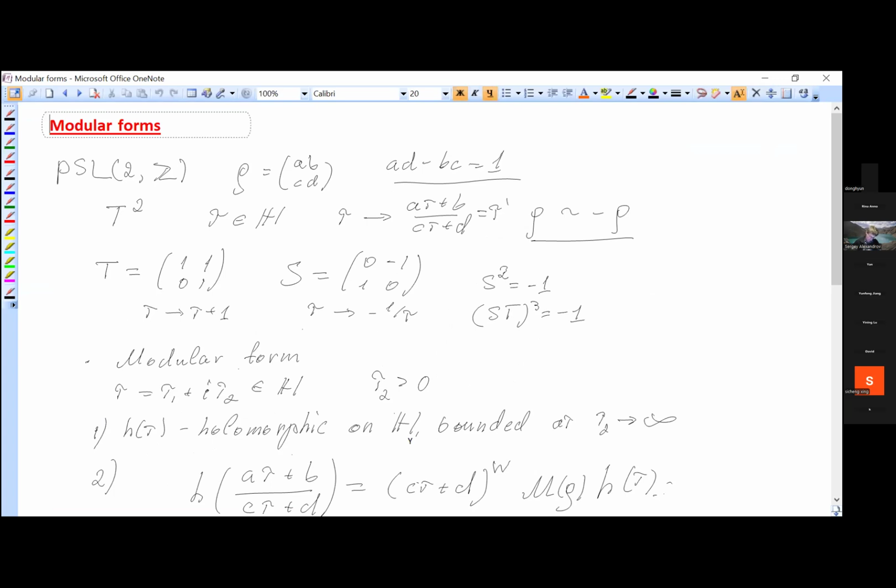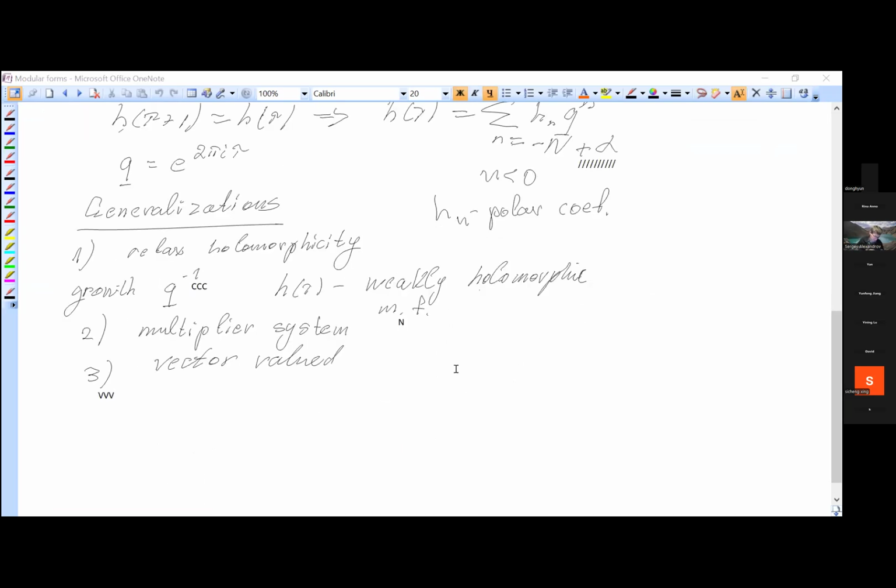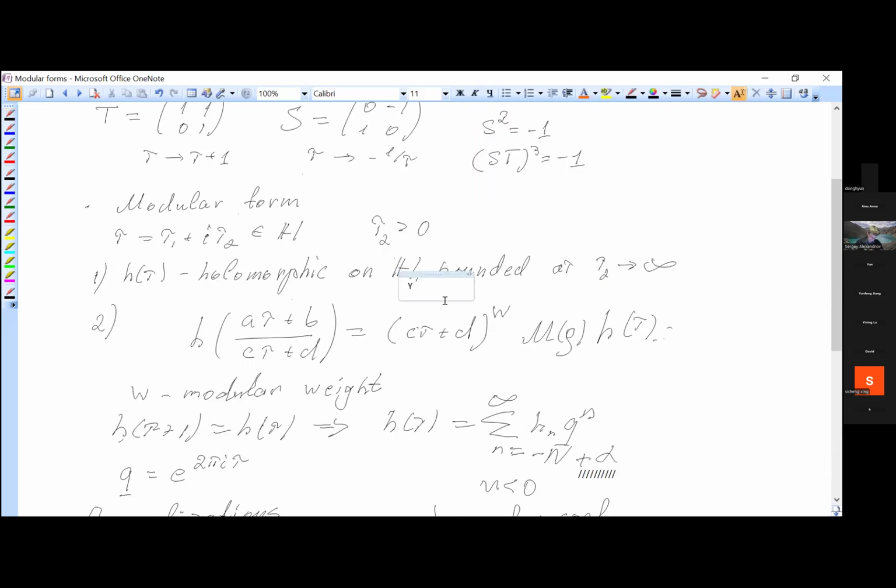So I was about to define vector valued modular forms. And this is very easy. We just put a vectorial index, let's say mu, which takes a finite number of values. It means that also in our SL(2,Z) transformation, we'll have this index here.